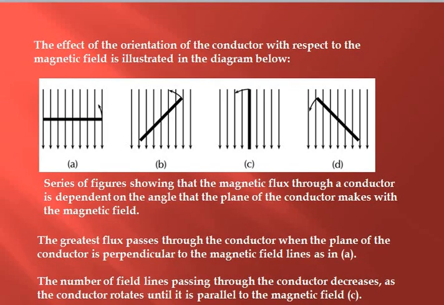This is the production of electricity by introducing relative motion between a magnet and a conductor, or relative motion between a magnetic field and a conductor. Just that relative motion will induce a current in the conductor.